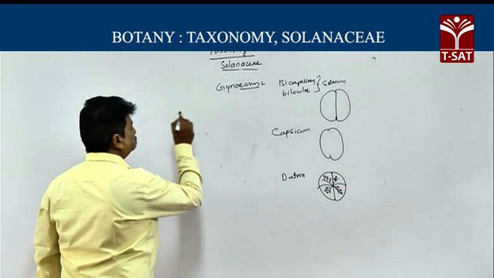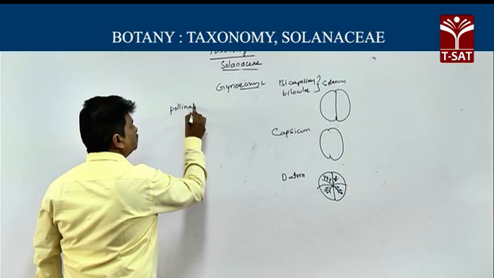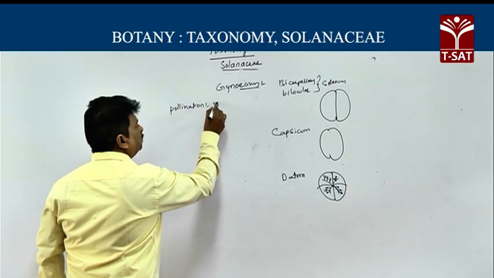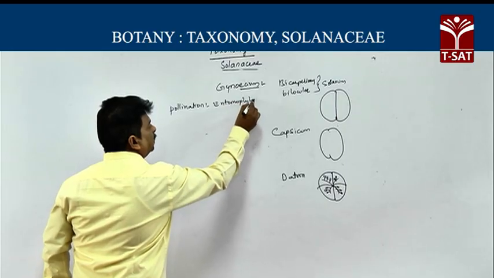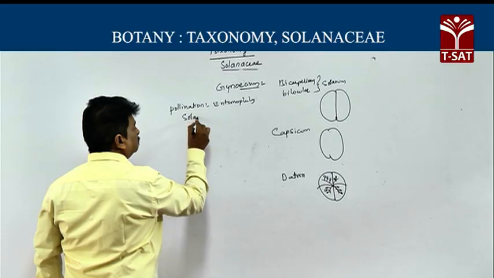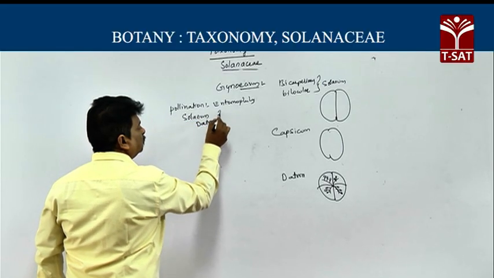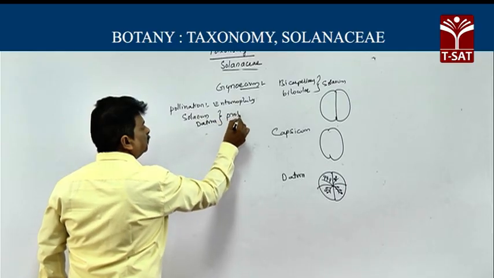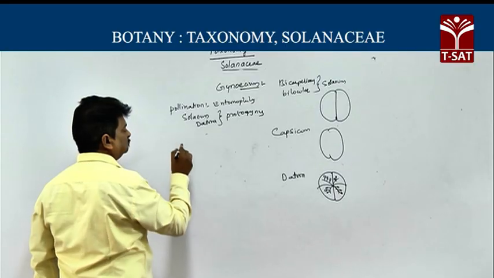Then next one, pollination. Pollination is entomophily, insect pollination, in Solanum and Datura. Protogyny promotes cross pollination.